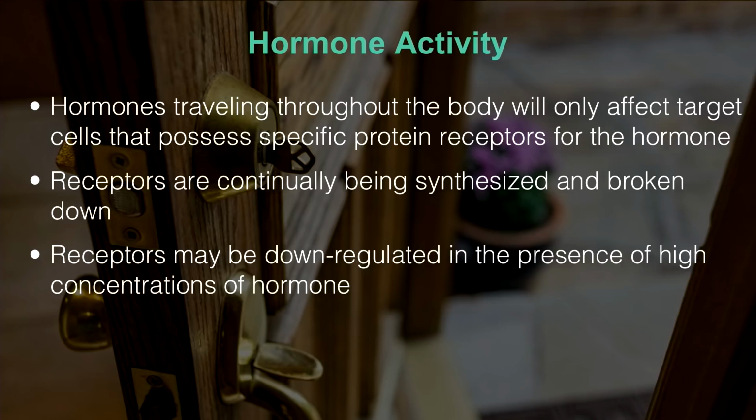And we do that actively to help control the response to some circulating hormones. The process of desensitizing: if you have a lot of hormones circulating for a long period of time, on the order of weeks to a month, the target cell will stop producing the receptor for that hormone to blunt that hormonal response. It's a way of negative feedback.